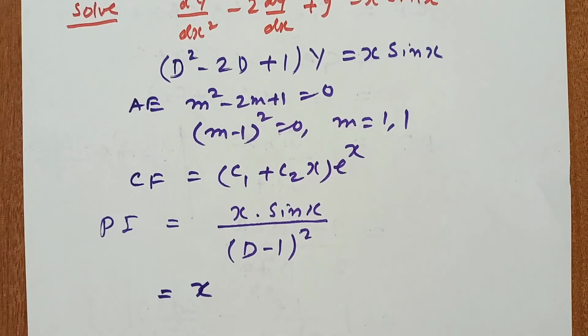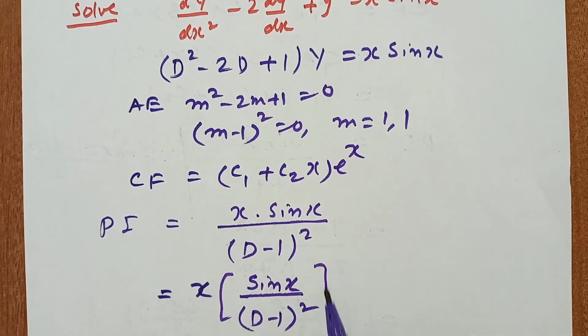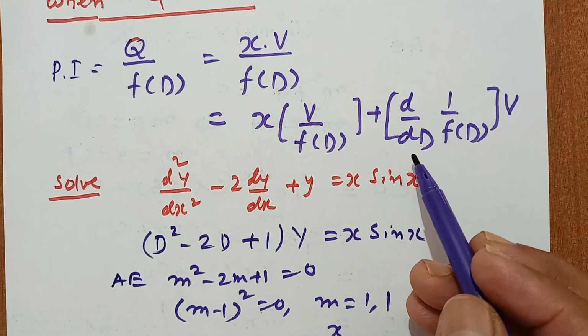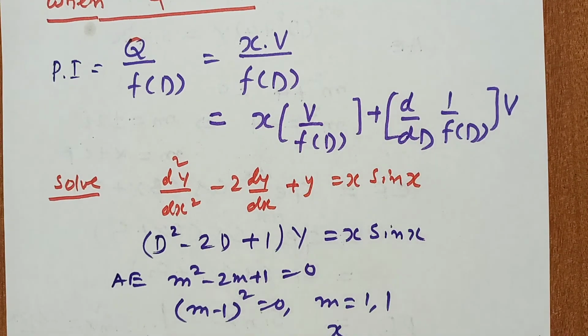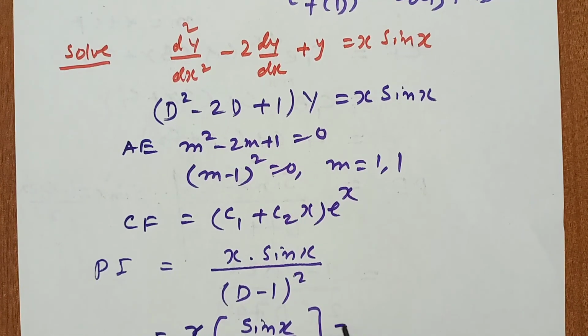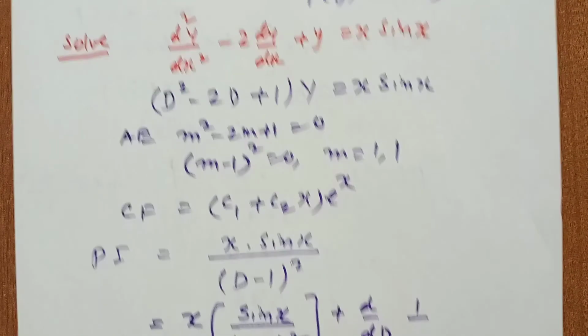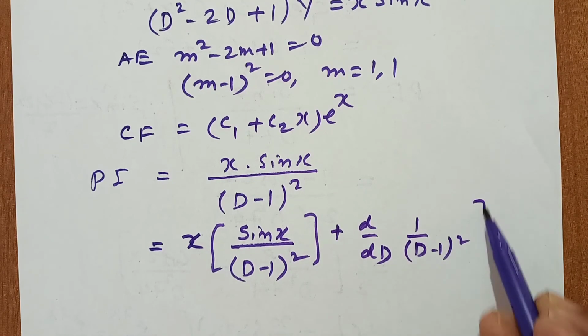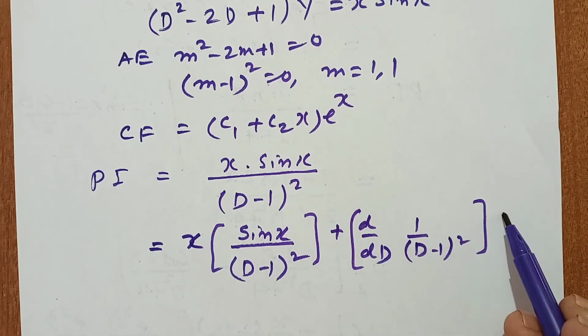So in this case, sin x upon (D minus 1) squared. This is the first term. And what is the next term? Plus d/dD of 1 upon f(D) into V. So here plus d/dD of 1 upon (D minus 1) squared into sin x.